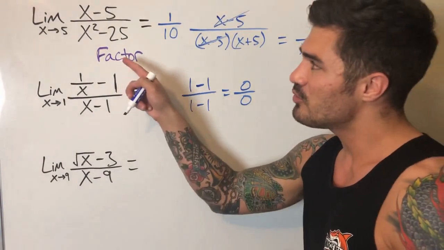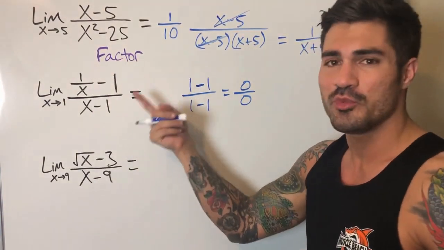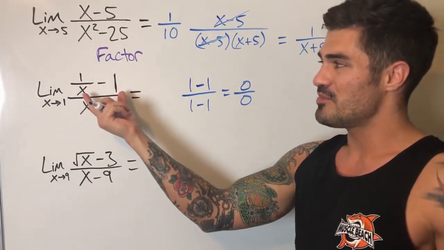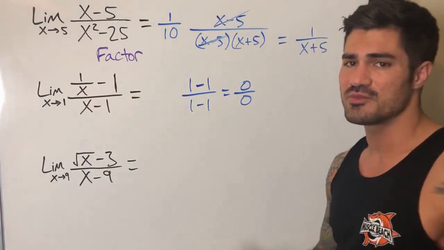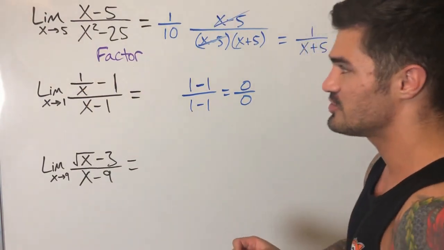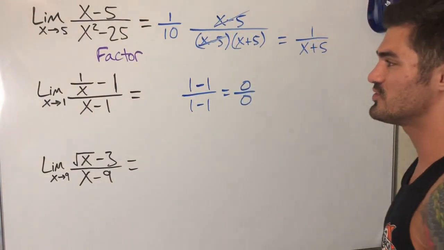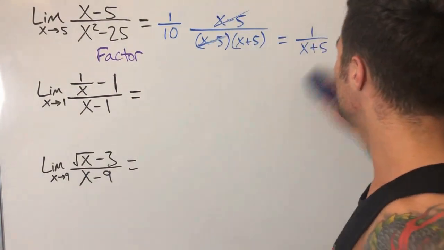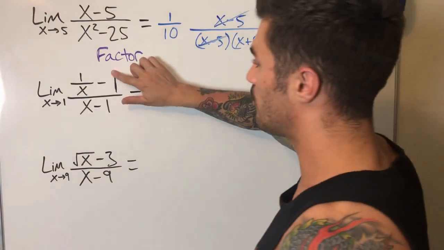Well, since this isn't a polynomial over a polynomial, I think what I'm going to do to make my life easier is combine those 2 terms in the numerator. I think that'll help me a lot to simplify and see if I can cancel something. To do that, I need a common denominator, because that 1 there, I could rewrite as 1 over 1.